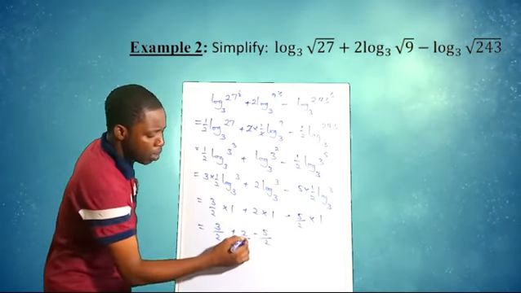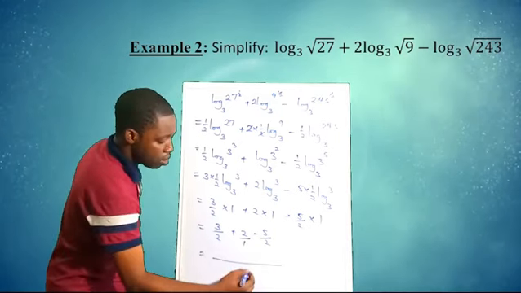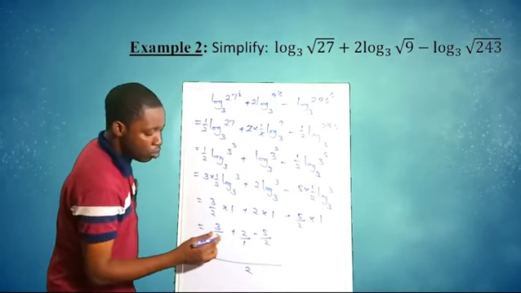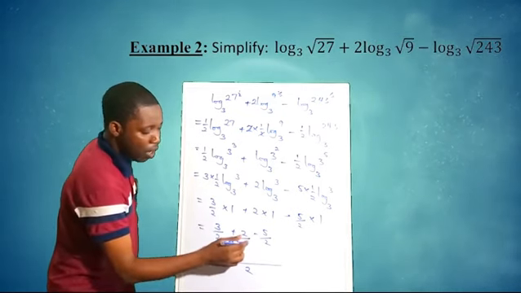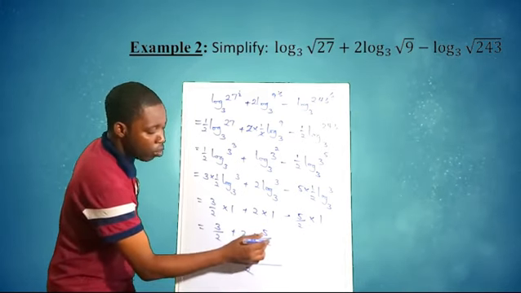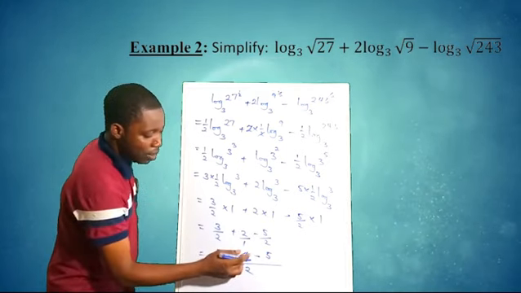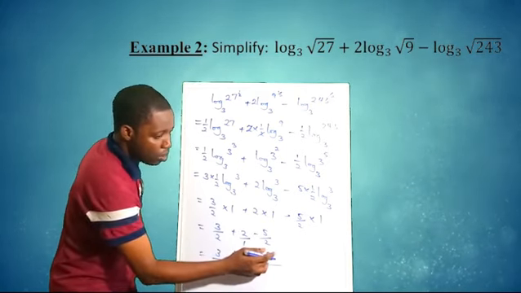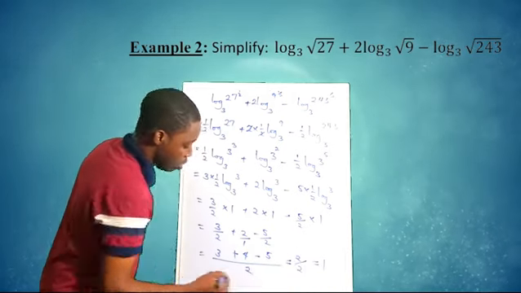Let us take us to primary school mathematics. Do the LCM. The LCM of all this is 2. 2 divided by 2 is 1. 1 times 3 is 3. 2 divided by 1 is 2. 2 times 2 is 4. 2 divided by 2 is 1. 1 times 5 is 5. So we have 3 plus 4, that is 7. 7 minus 5 is 2. So we have 2 over 2, which is equal to 1.